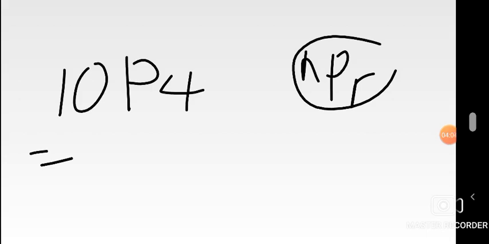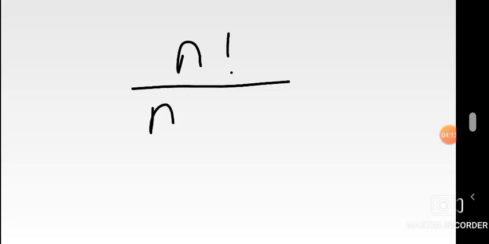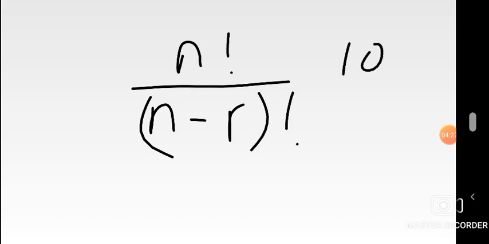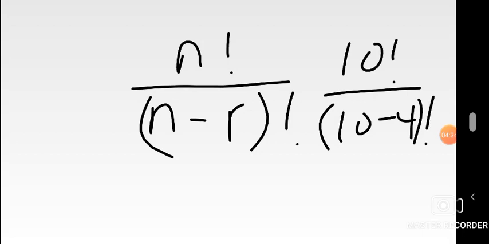That's the calculator method. We have the factorial method as well, which is n factorial over (n minus r) factorial. For a permutation, that is the formula in terms of factorials. So you just put 10 factorial over (10 minus 4) factorial.